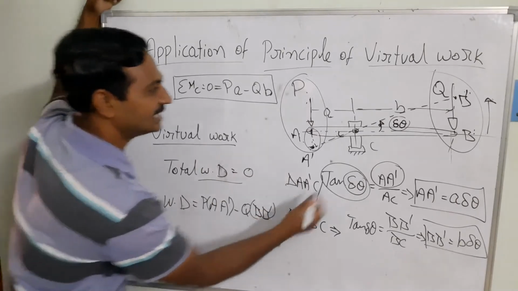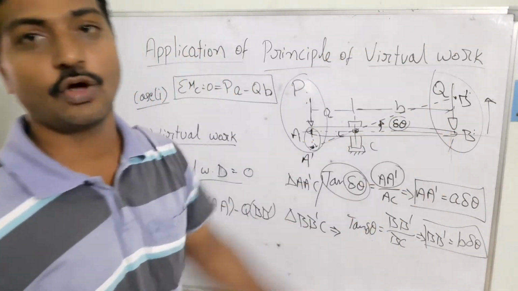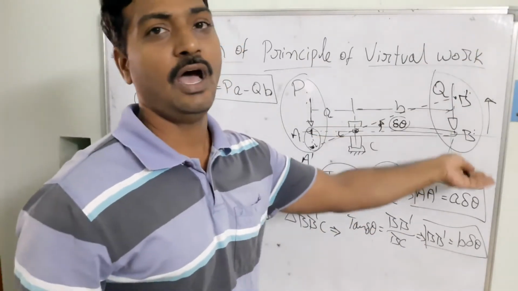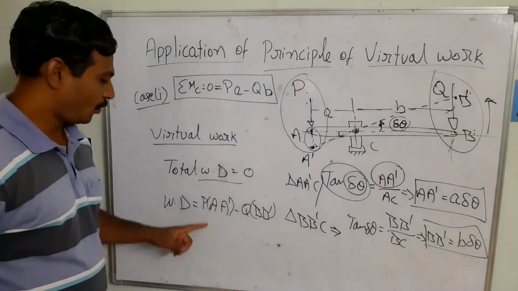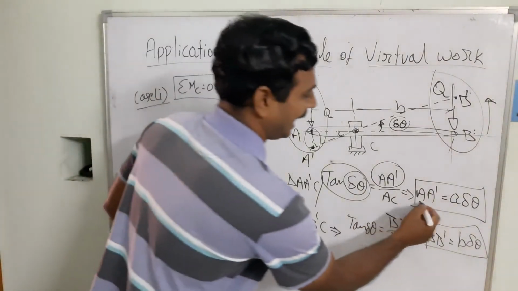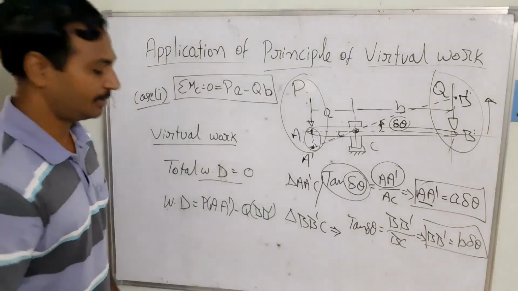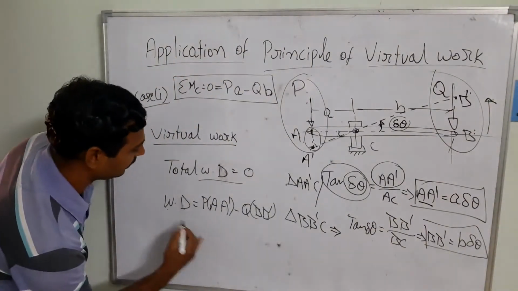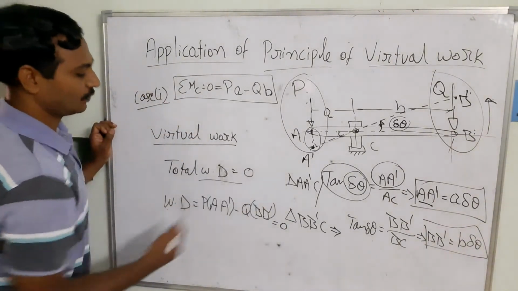The force is acting in the downward direction, and the displacement is in the upward direction. Now we substitute the virtual displacements, even though the body is in equilibrium, and write that this is equal to 0. That's what we said, the total work done is equal to 0.